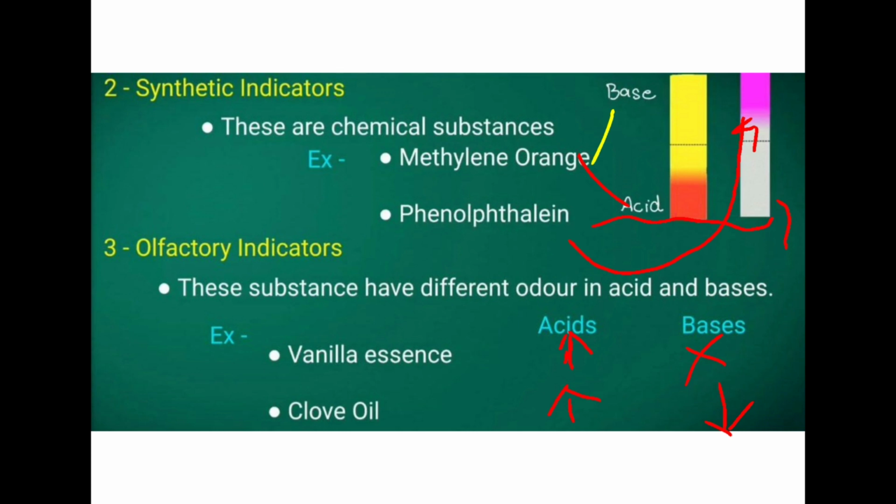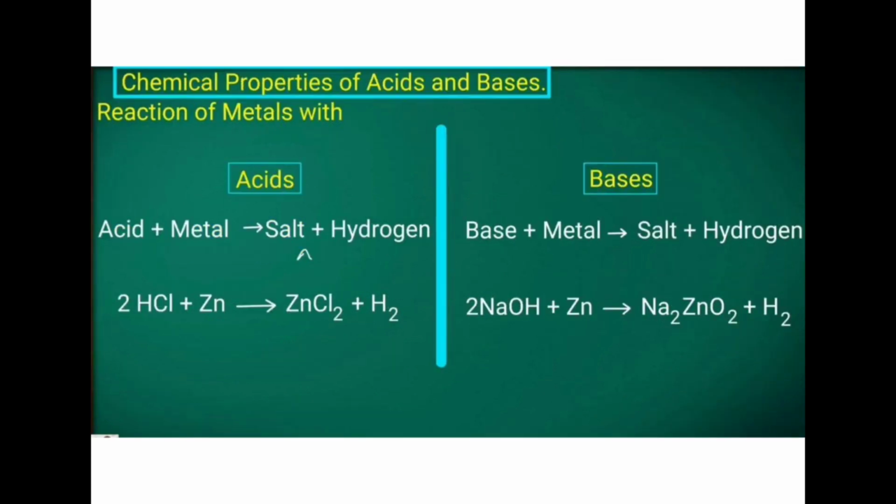The next one is about the chemical properties of acids and bases. We know acid reacts with metal, which we already discussed in the first slide. Acid plus metal gives what? Acid plus metal gives salt and hydrogen.